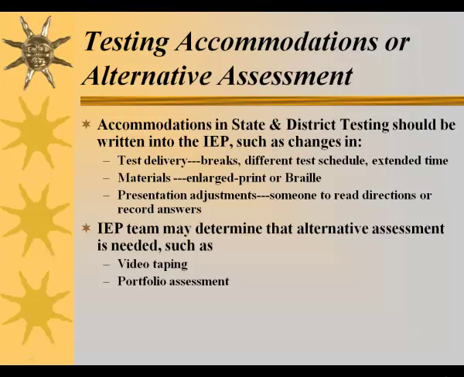Test delivery might include something such as breaks, different test schedule, or extended time. Materials might be something like enlarged print or braille. Presentation adjustments may include someone to read directions or record answers. The IEP team may determine that alternative assessment is needed, such as videotaping or portfolio assessment.